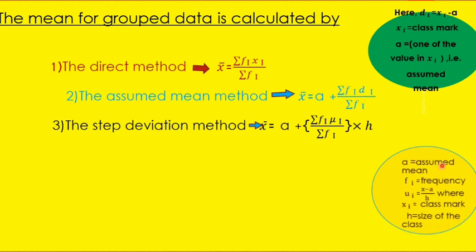Here ui means xi minus a by h. xi is the class mark, h is the size of the class, a is the assumed mean.